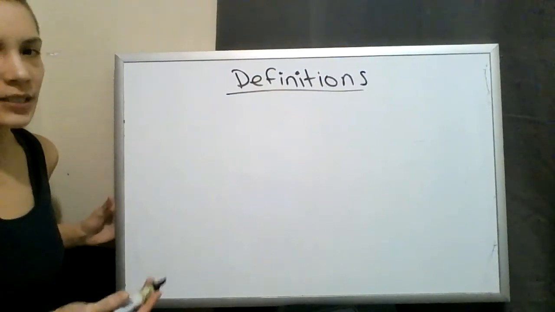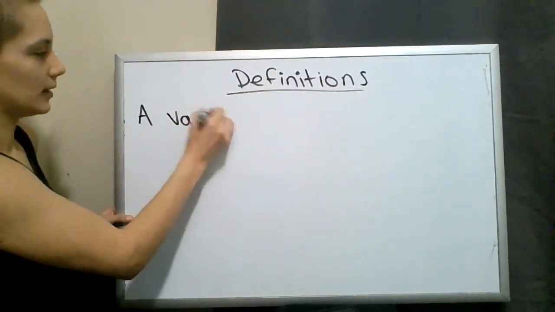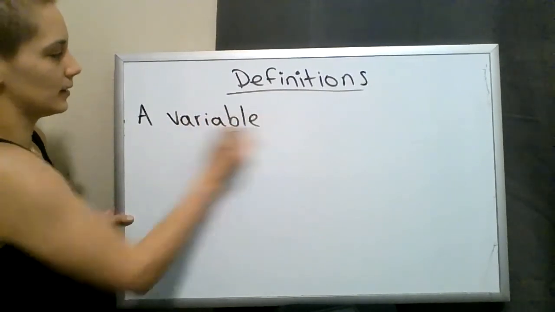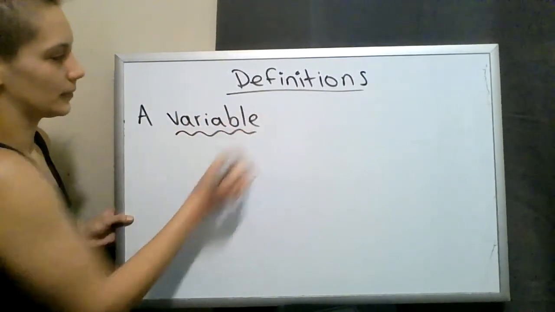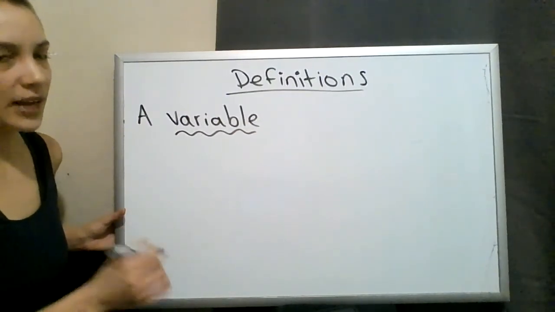The first one is to define a variable. It is a characteristic that can assume different values.